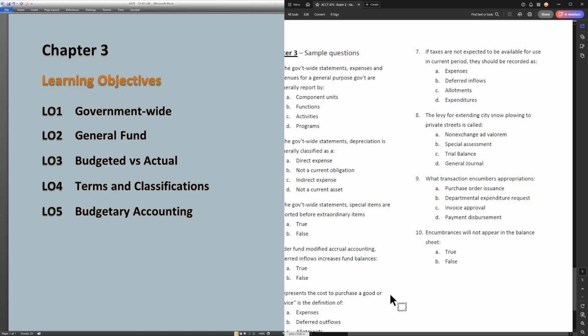Remember, this is something where we set aside funds for a certain use. I've said several times that one of the shortcomings of GAAP is that it doesn't have that sort of thing. There is no mechanism in GAAP to set aside funds for certain purposes. So even though we have that in governmental accounting, it's not GAAP, it's not modified accrual, and therefore encumbrances do not appear in the balance sheet, even if they do show up in notes or other disclosures.